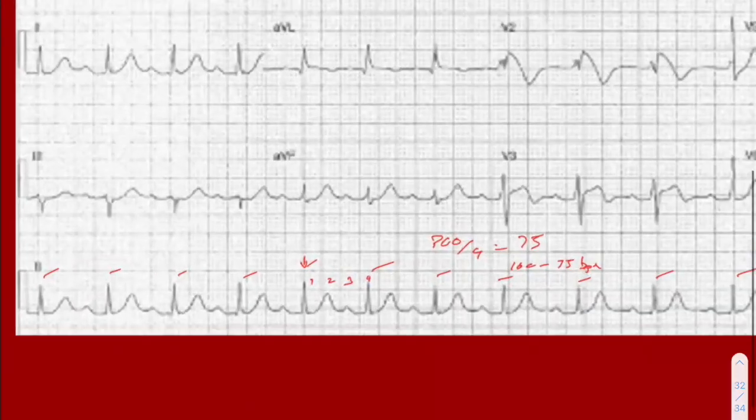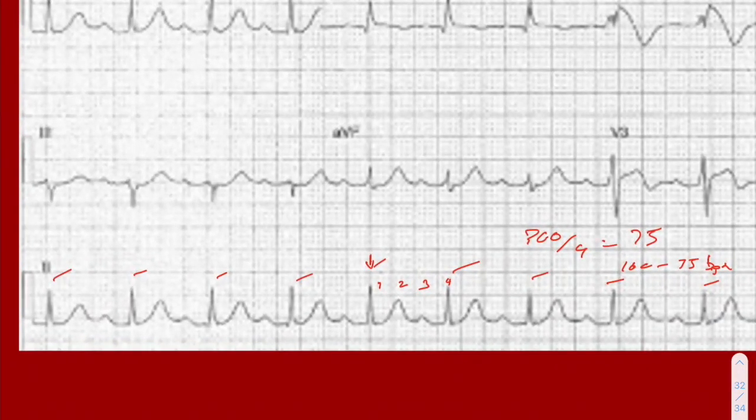Next, we're going to look for P waves. I'm still looking down here at the rhythm strip, and I see a P wave there, one there, one there. So P waves are present, and they're all followed by QRS complexes, which is super helpful.